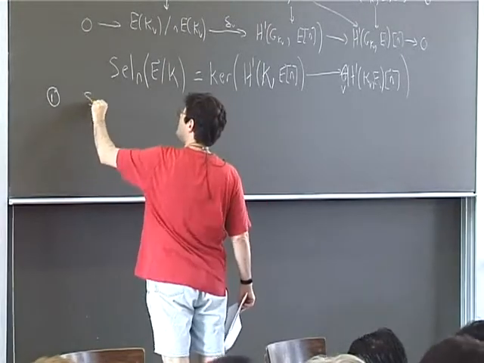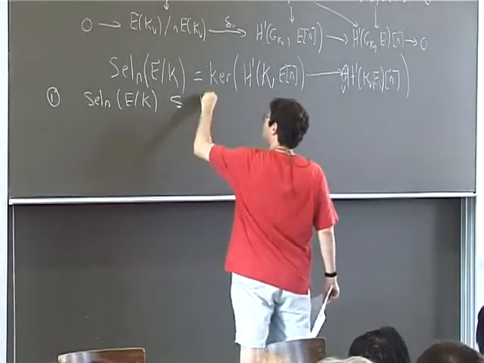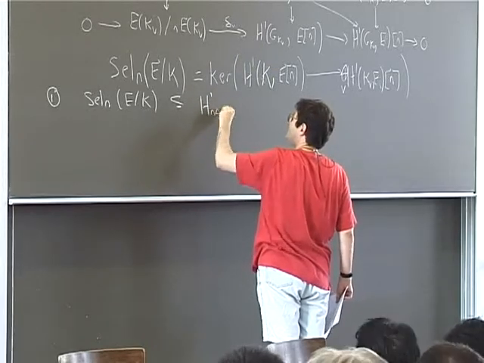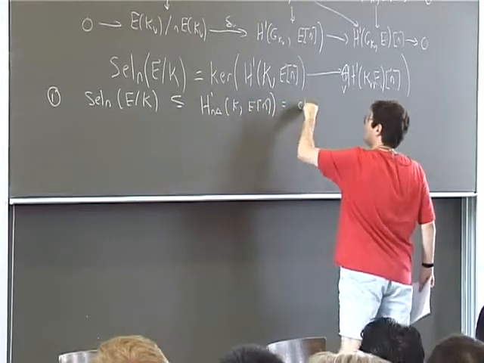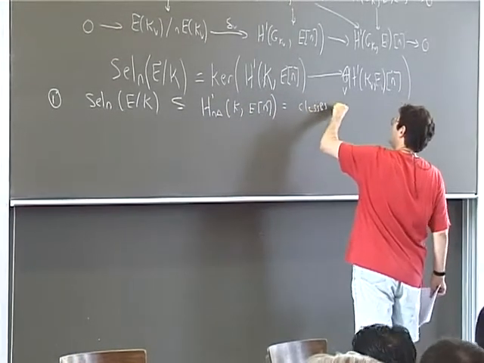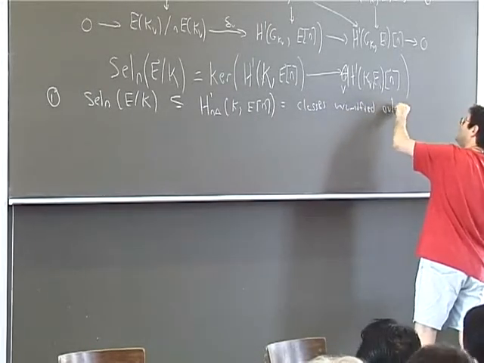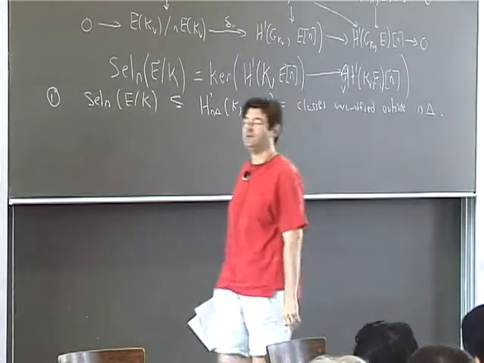The first is to show that the N-Selmer group of E over K is contained in a subgroup of this H1, which I'll denote by H1_{NΔ}(K, E[N]), which is just the classes which are unramified outside NΔ. And we've seen this kind of argument a number of times.